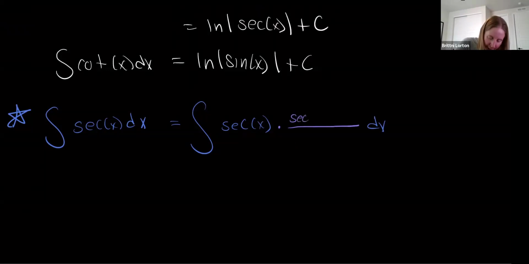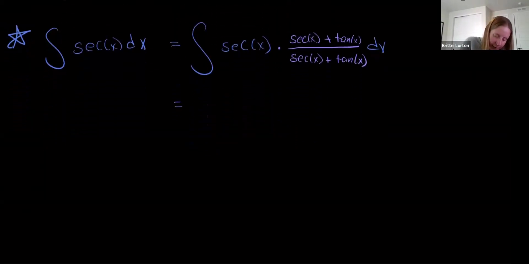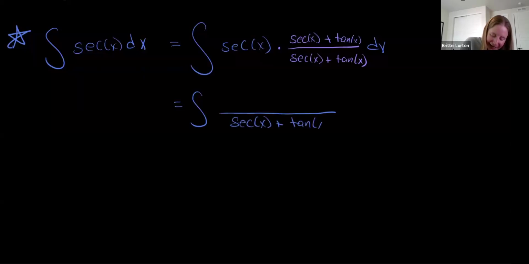Let me multiply this top and bottom by secant of x plus tangent of x. I'm always allowed to do that because all I did was multiply by 1. And then let's simplify that. This would become the integral of, my denominator is now secant of x plus tangent of x dx, and the numerator I'm going to distribute across.